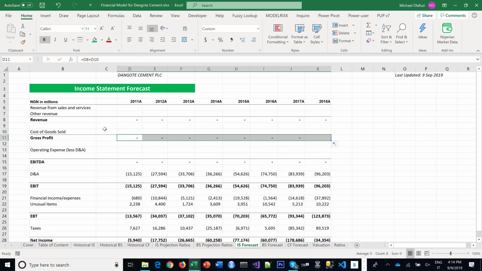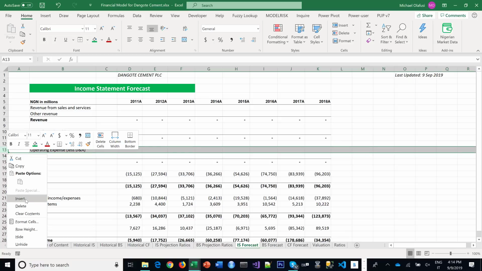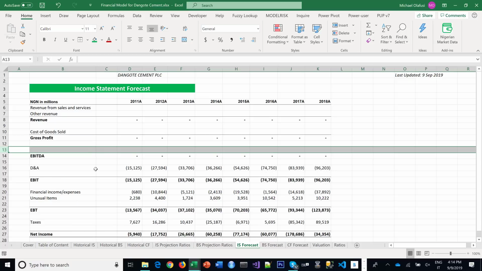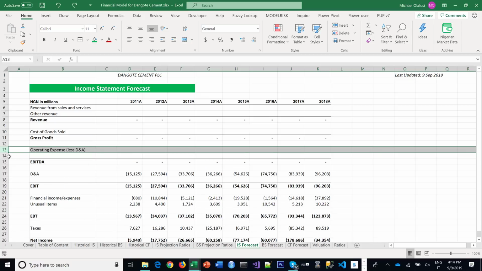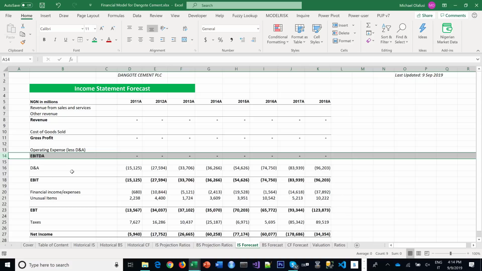Plus, because my cost of goods sold is already negative. I've been using this convention where expenses are in negative, so that's fine. So you don't get confused as to why I did that. I can take this up. What did I delete? This is the one I want to delete.